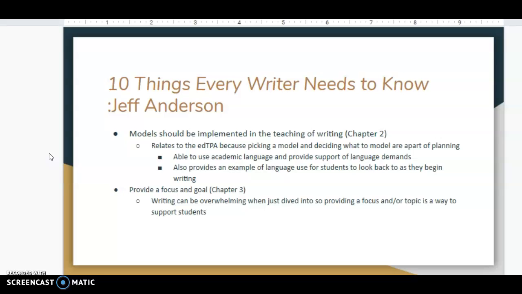What did I think I would need to model for my students so that the expectations are clear and they understand what they are supposed to be doing? And it's also, what questions do I need to ask when modeling to get them thinking, not just doing the work for them.